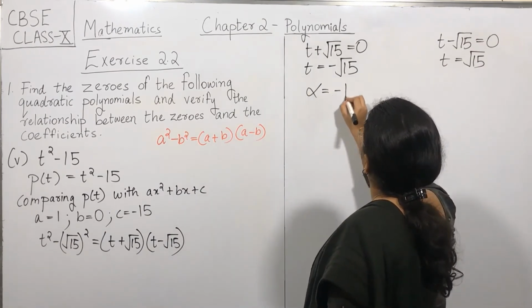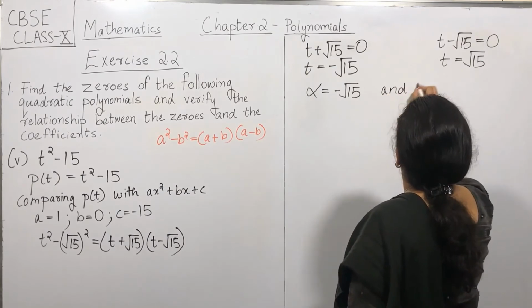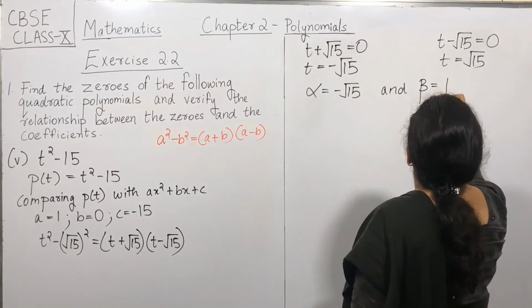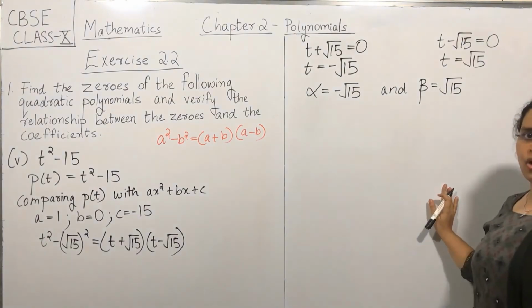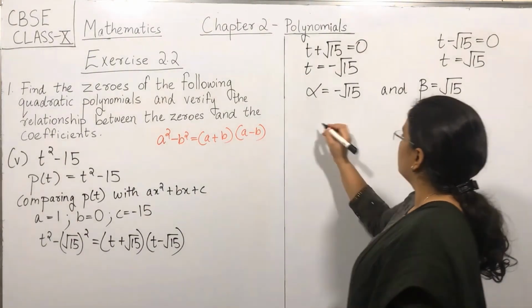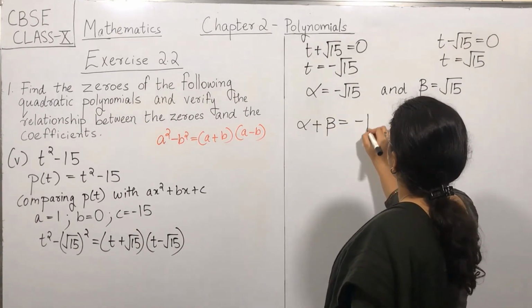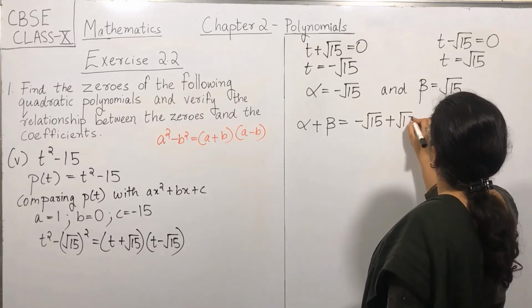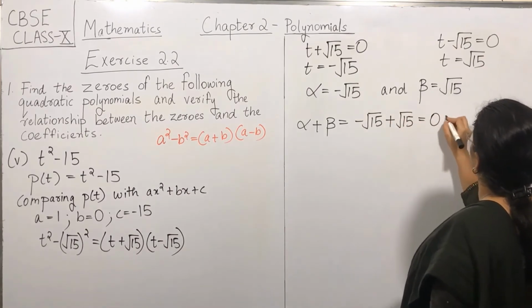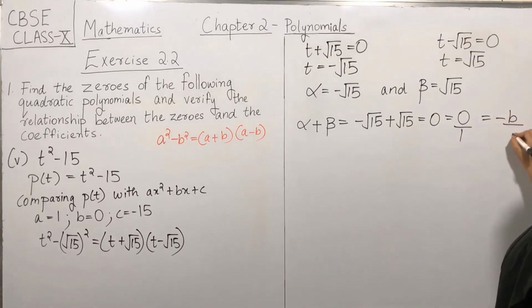Alpha equals minus root 15 and beta equals plus root 15. Now we can verify the relationship between coefficients and the zeros. Alpha plus beta equals minus root 15 plus root 15 equals 0, which can be written as 0 by 1, equal to minus b by a.